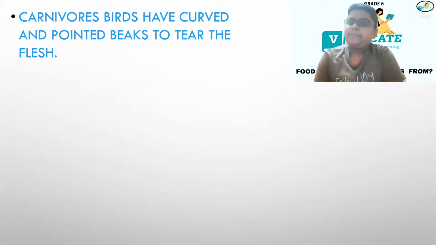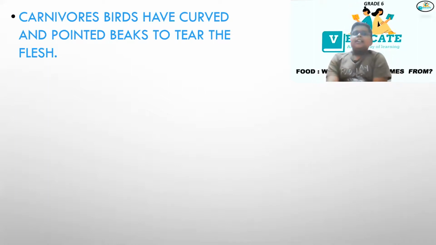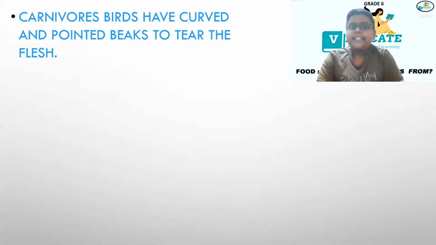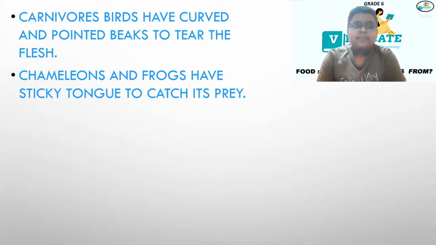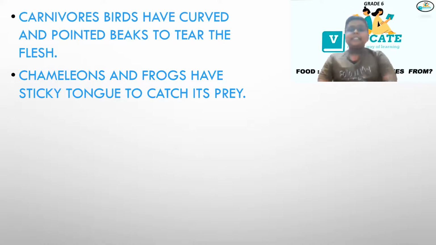They don't have a mouth like ours, so they have a pointed and curved beak to tear the flesh. And frogs have a sticky tongue to catch their prey. If the prey sits on it, it will not go. It has a sticky tongue.